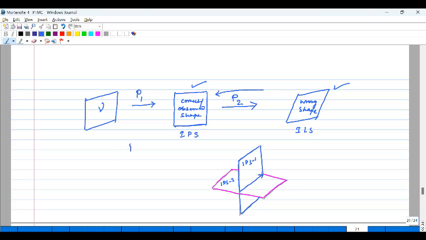So these two shears that we have now, this was the first one. We can call that P1, which has transformed this shape.